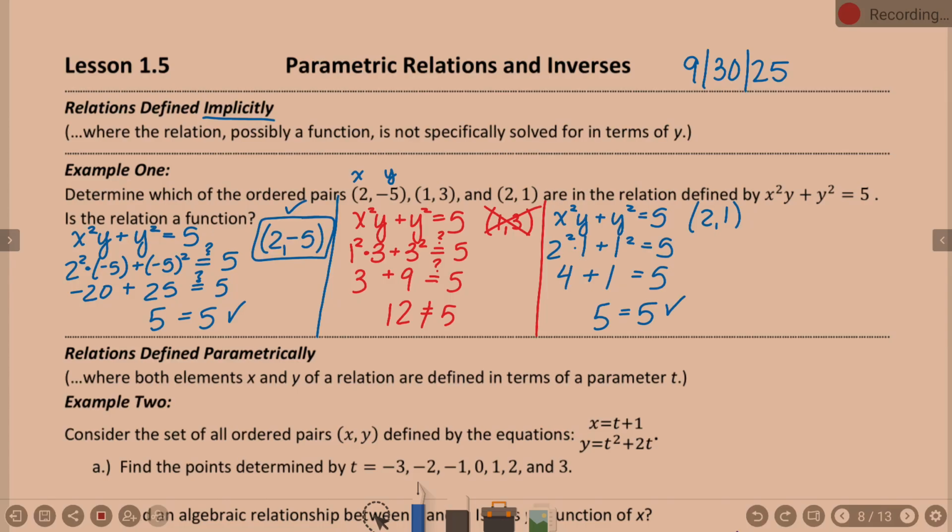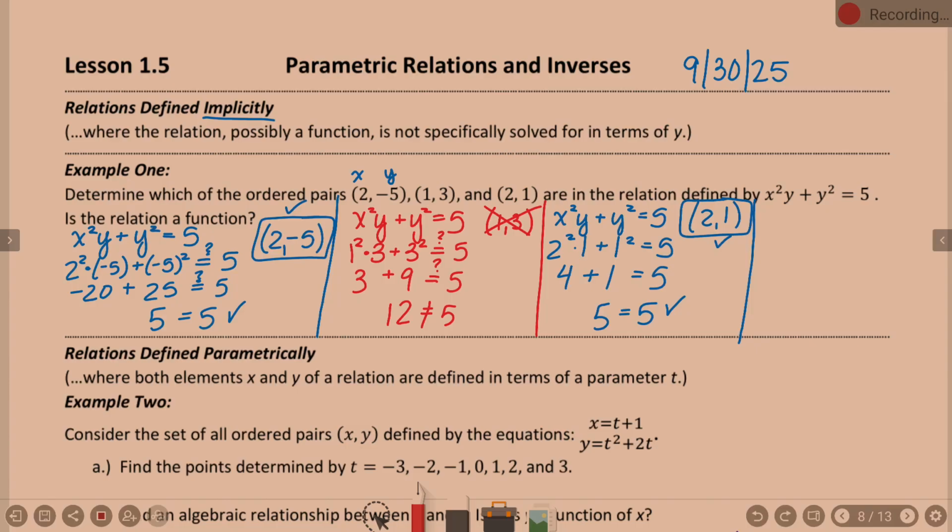And yes. So we also know that (2, 1) is in the relation, yes? Okay. So determine which of the ordered pairs are in the relation. We found that (2, -5) and (2, 1) are in the relation. We found that (1, 3) is not in the relation.